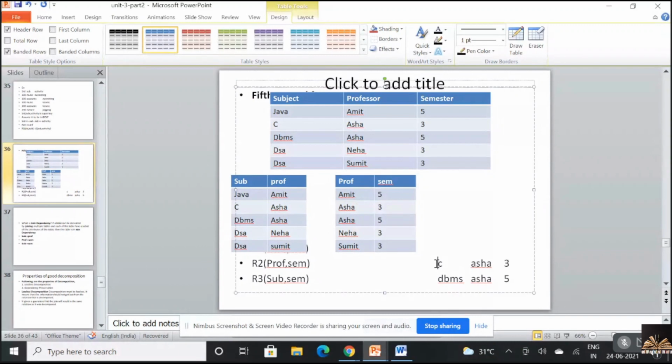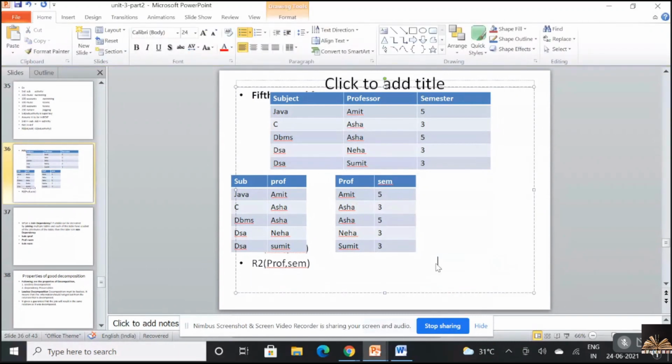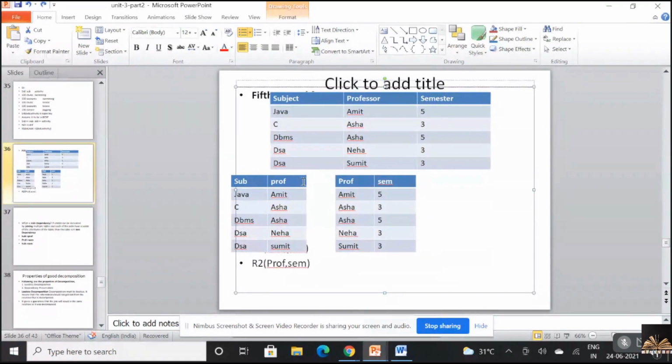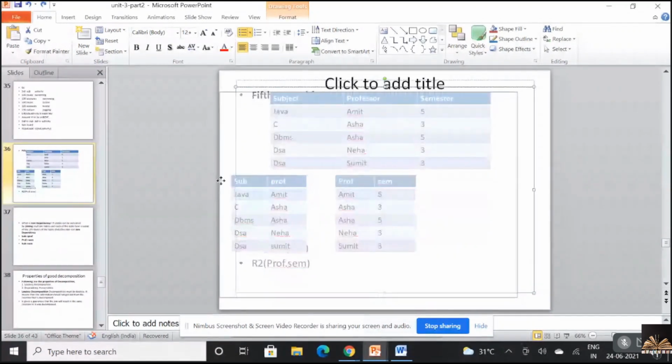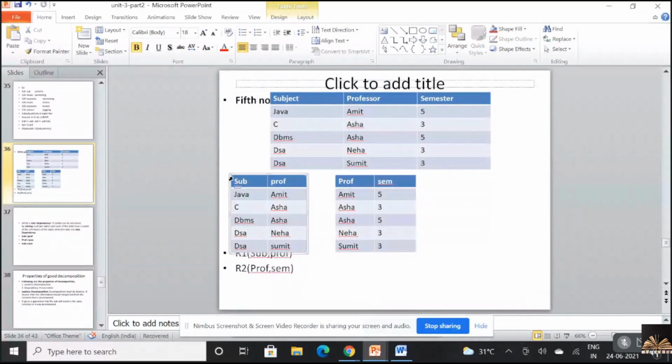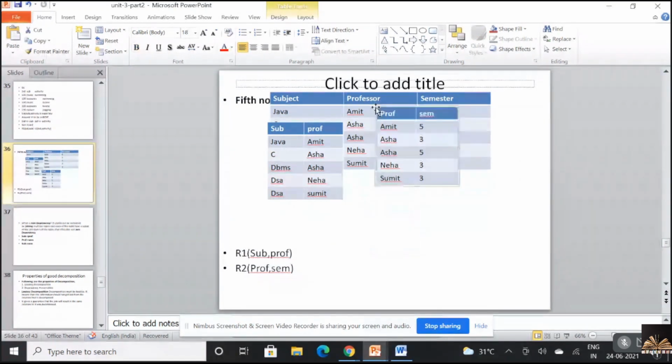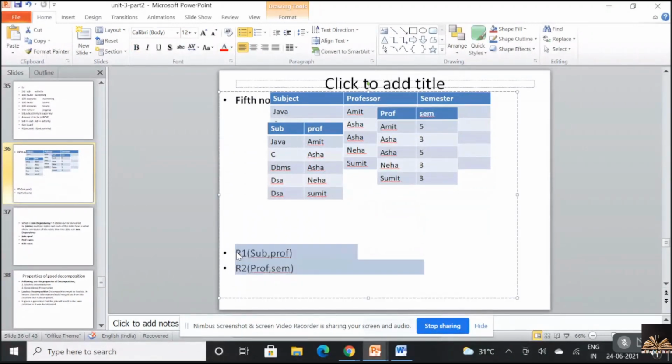Okay, I hope it's clear, ma. I'm just pushing this to the top. Now these are the two tables, ma, subject professor, and the other one is clearly mentioned over there.